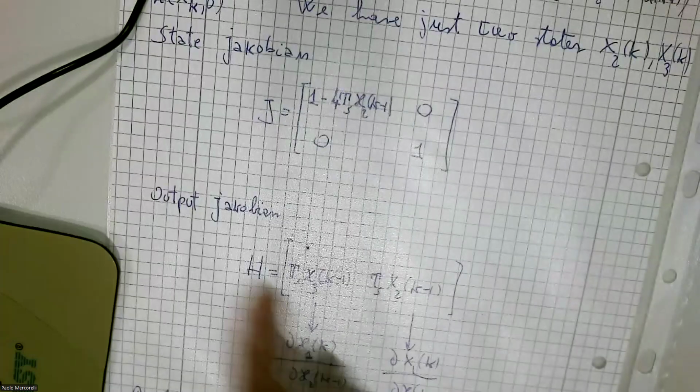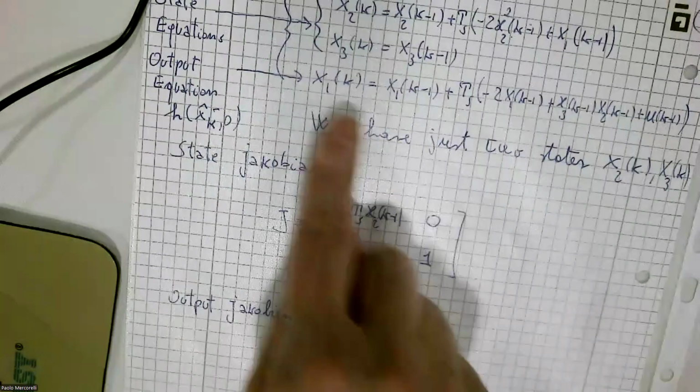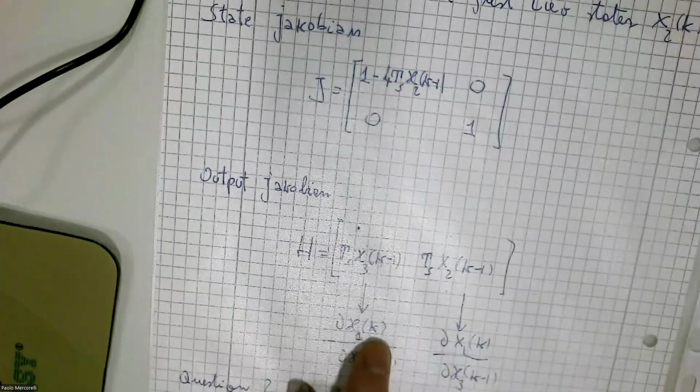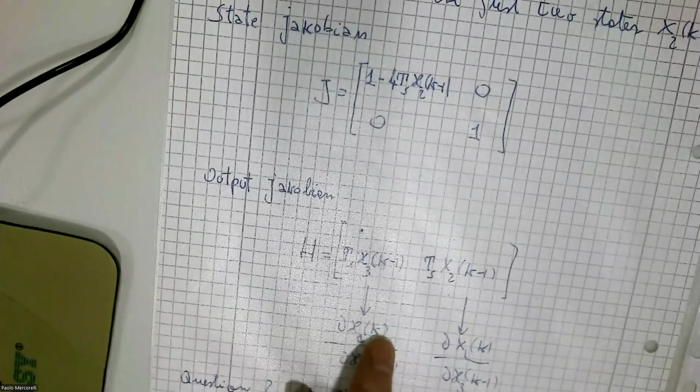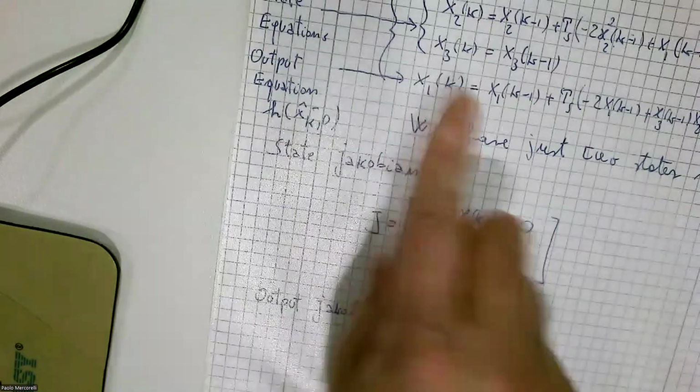Because if I calculate this, H capitalized, the Jacobian of the output of this expression, we have the derivative of x1 of k, the output, H not capitalized. Here we have it, x1, in accordance with our notation.